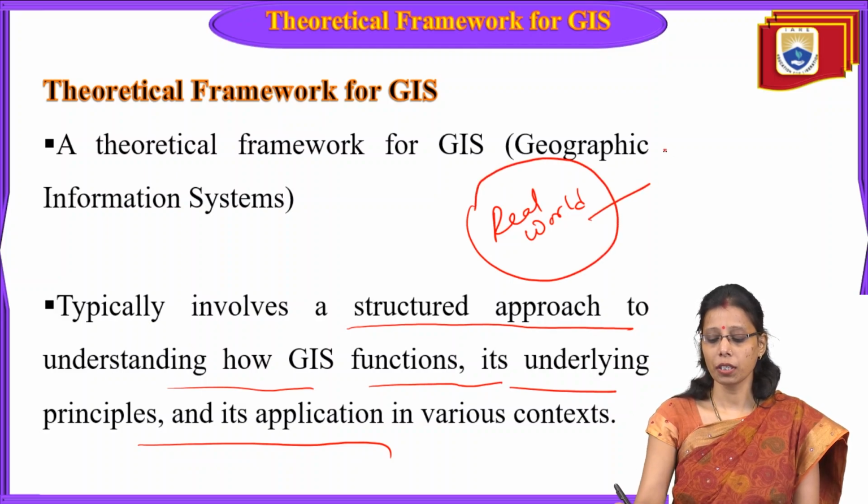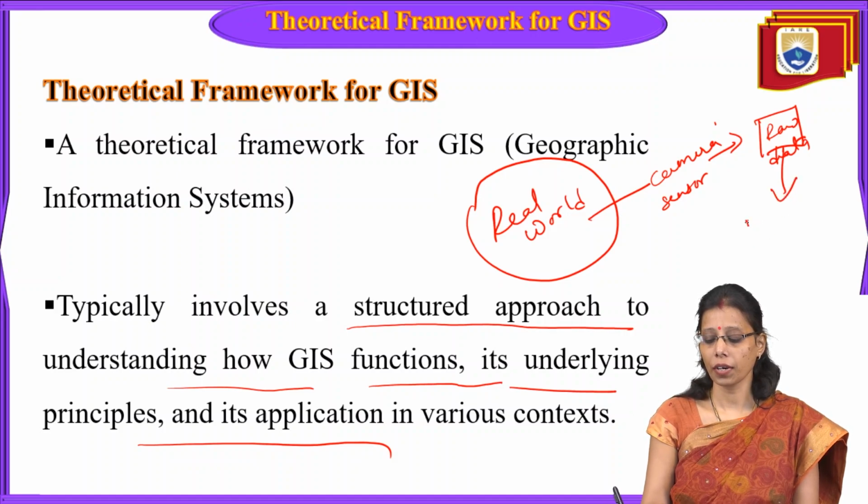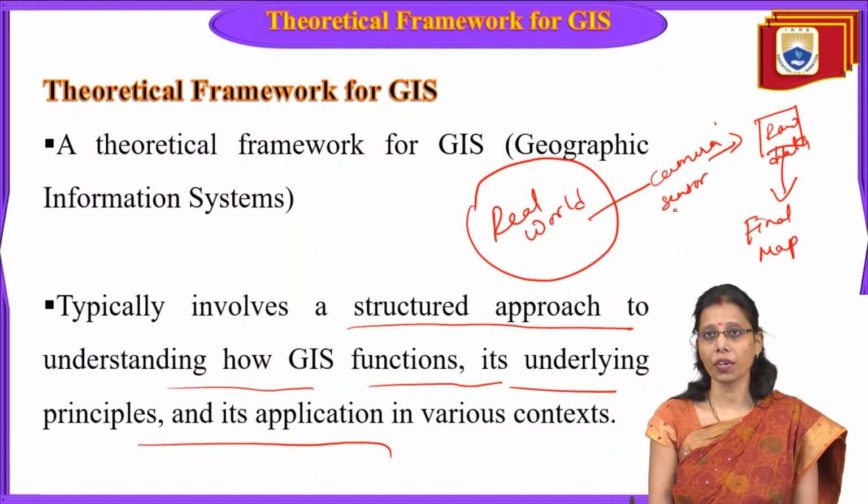It is captured by the camera or sensor. After capturing by the camera, this data is converted to raw data. Later, this raw data is converted to the final map. So this is the process of transformation.